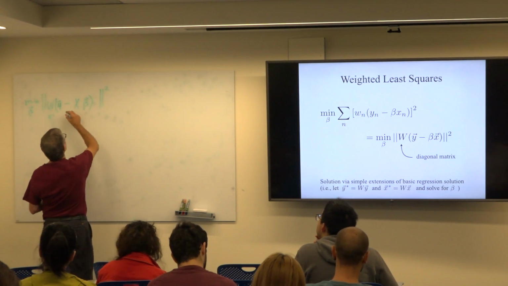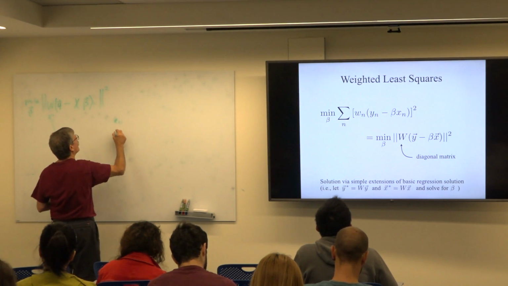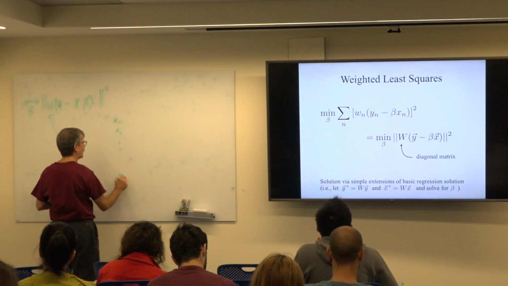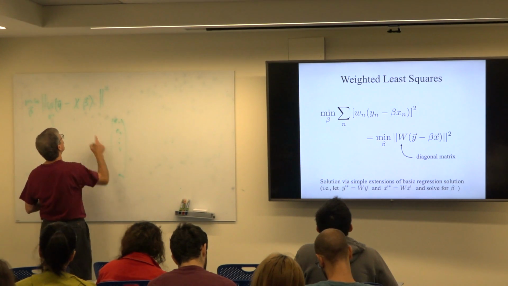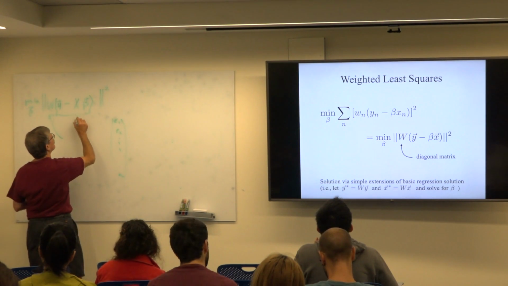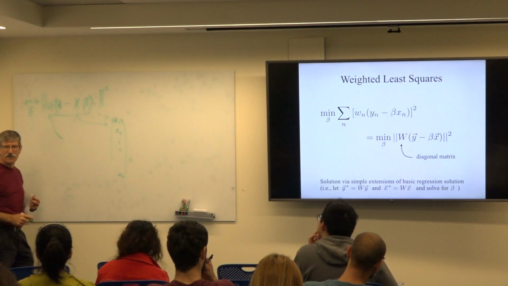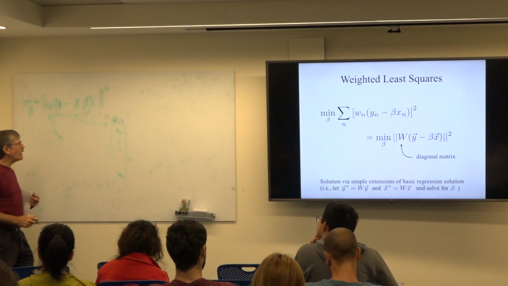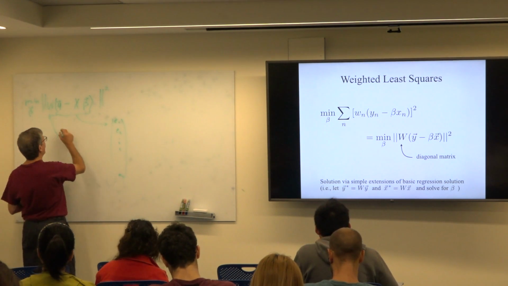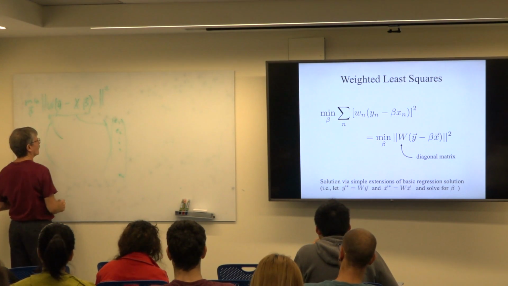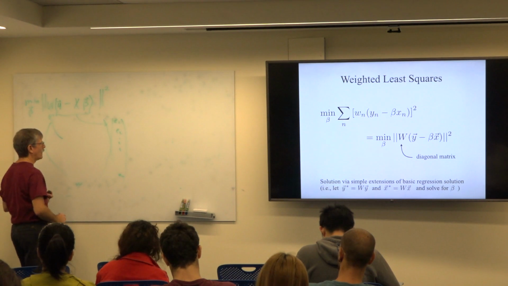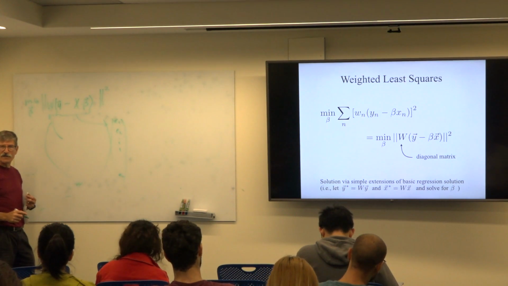So y minus x beta is error 1, error 2, up to error n. That's what that looks like. But now I want to weight each of these by different numbers. So I'm going to make a weight matrix, which is going to be n by n. This is going to be W. And I want to weight these different errors.